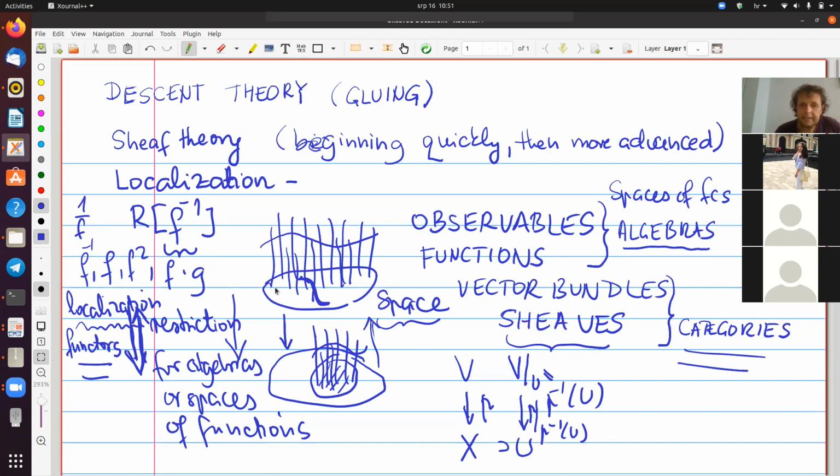But if you restrict to this set outside, and this is exactly how the Zariski open sets look, they are sets which are away from the locus of some function.